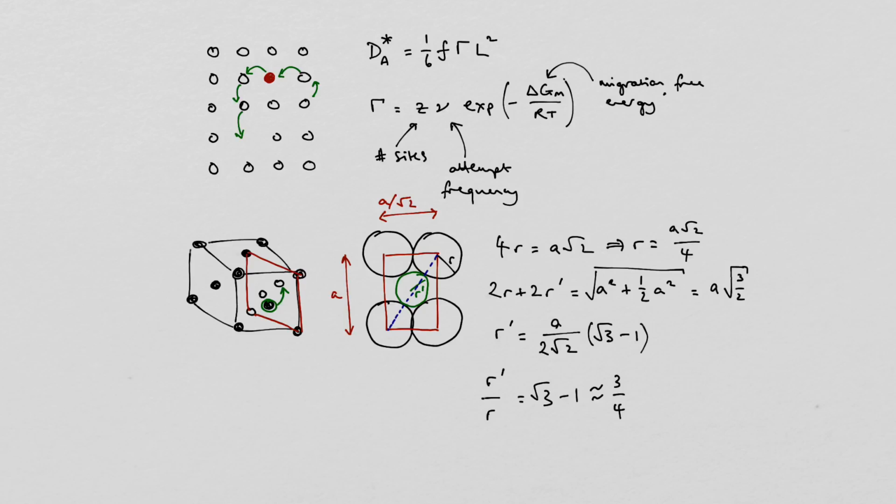Which angle are you looking at it from? I'm looking at it straight on now, because I can see the red rectangle here. I'm looking at it along another 110 direction, so I'm looking at it full on. Those 4 atoms are the 4 atoms at the corners, and there's a space inside.